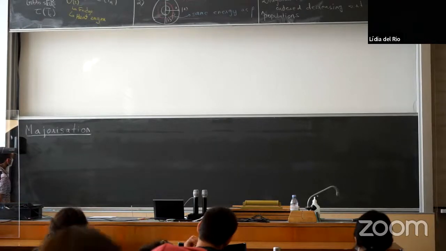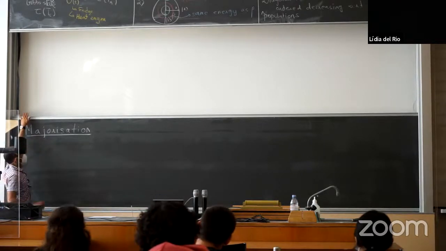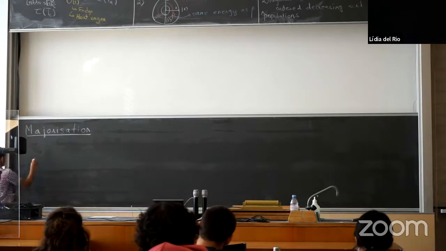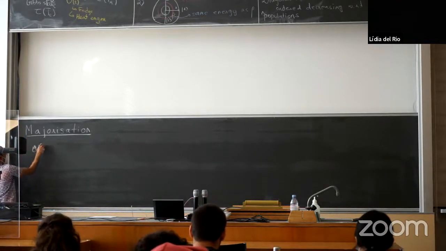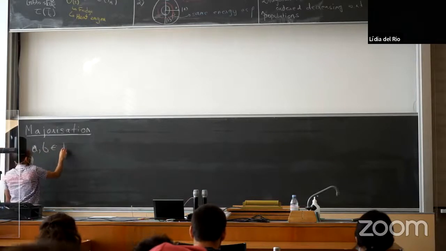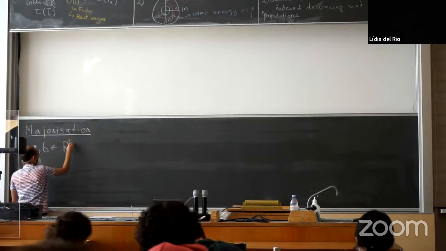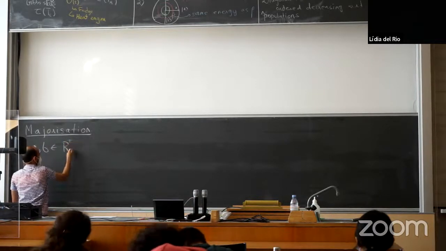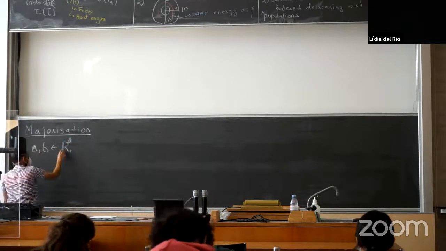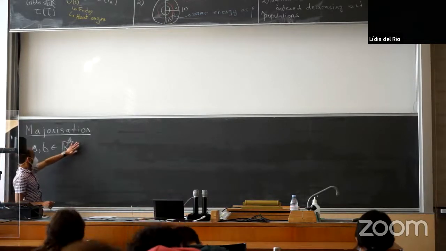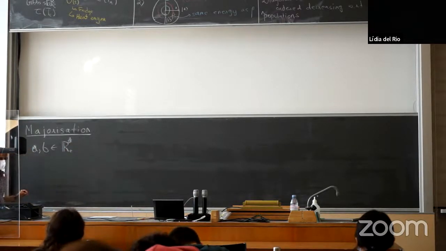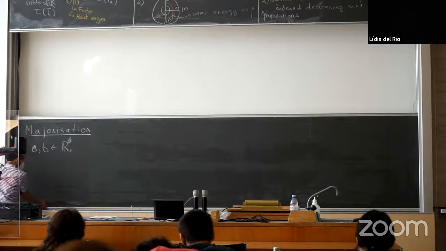So, majorization is a relationship between vectors. So let me take any two vectors A and B in R plus to the d. Majorization is actually defined without needing the plus, but we will always use probability vectors, so we can just define this in R plus to the d.